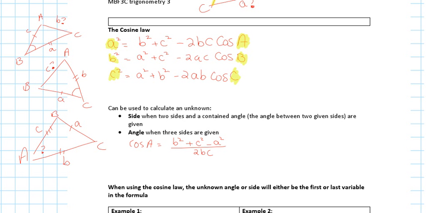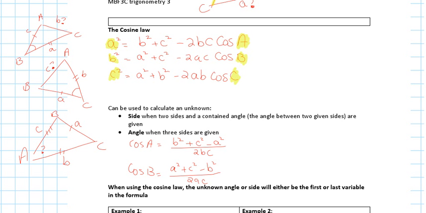Let's say if I want to find angle B. What do you think the formula will be? So cosine B is? Okay, guys, I want you to see something.